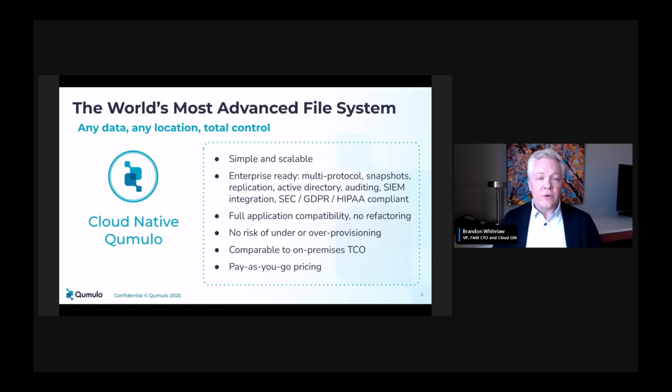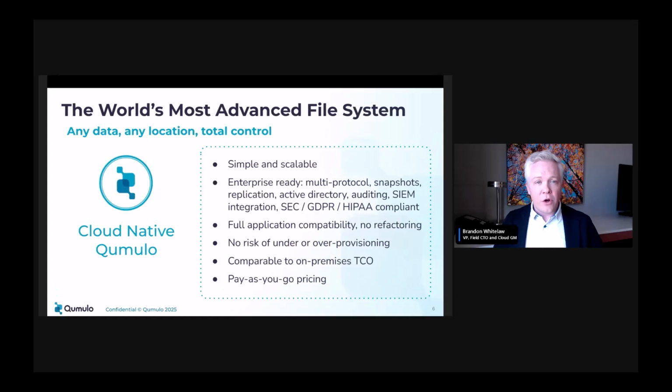And then really taking away the risk, complexity, and uncertainty related to sometimes those cloud-based workloads. So no risk or concept of capacity planning or over-provisioning, and yet still delivering a cost characteristic, especially when considering the higher levels of durability and reliability of even replicated systems on-prem, comparable to on-prem total cost of ownership and true pay-as-you-go pricing.